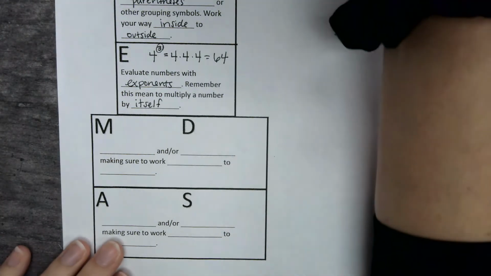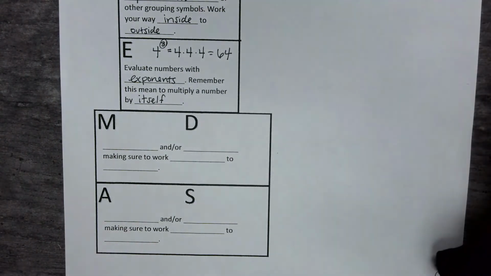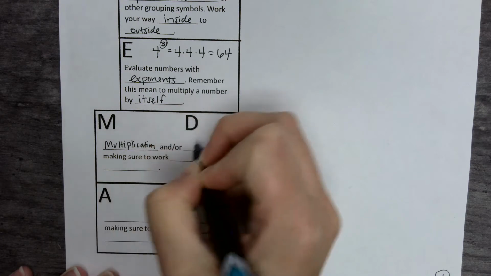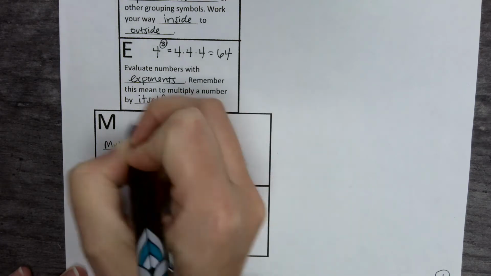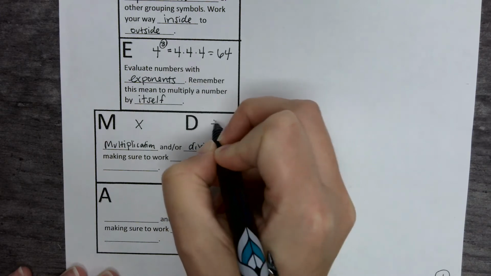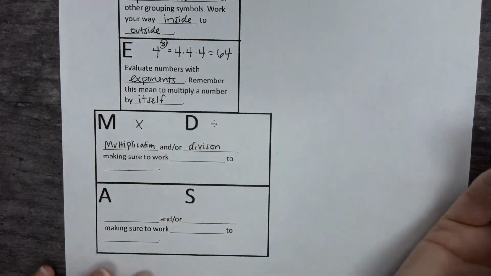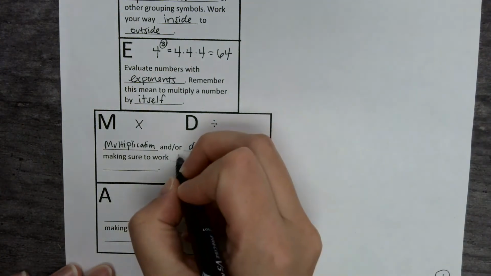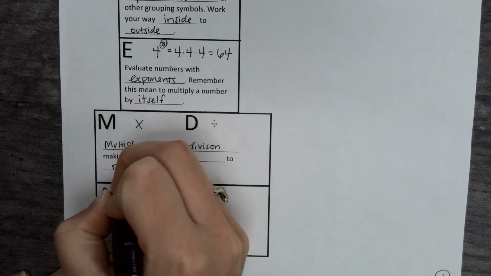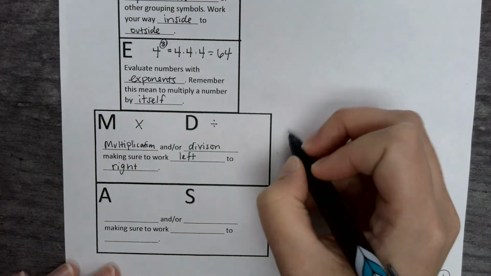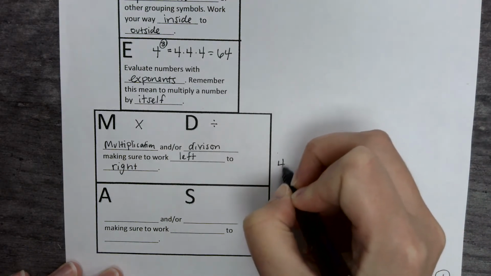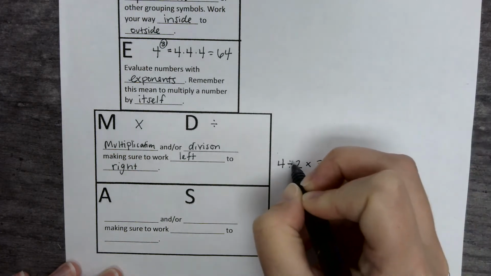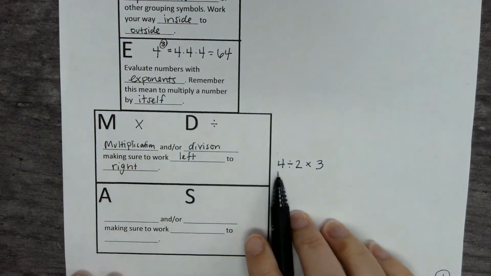All right, next, after we get rid of the exponents, we use multiplication and division. Remember, multiplication looks like this, or it looks like this. Multiplication and division are on the same level because we work from left to right, just like we read. For example, if I had 4 divided by 2 times 3, we work left to right.